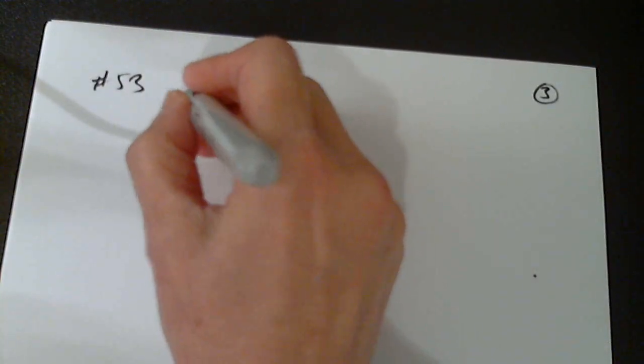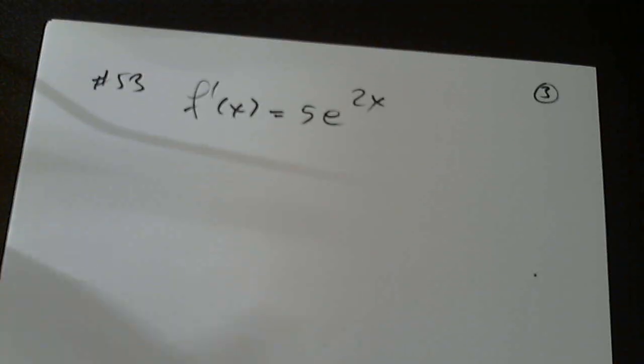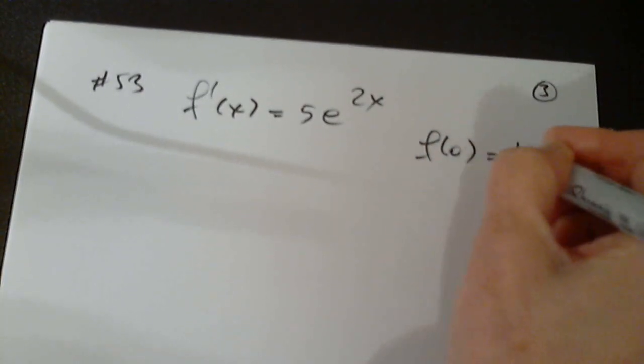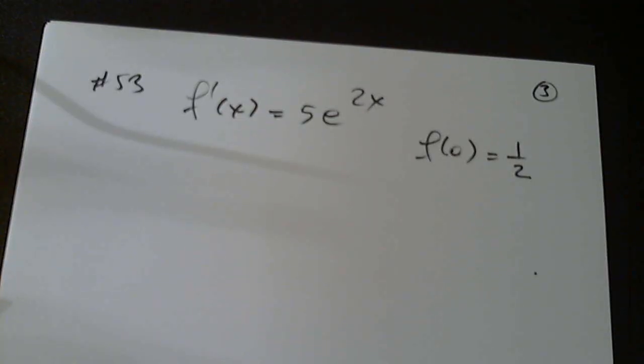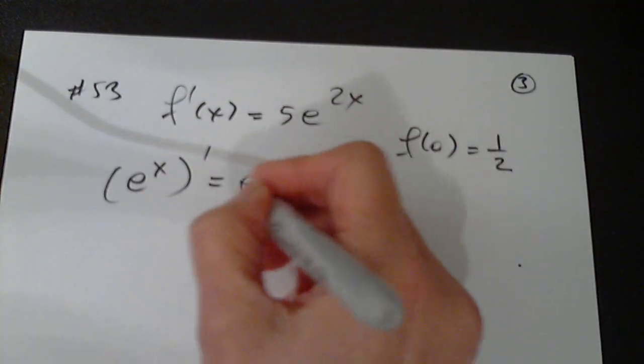This is page 3 and this is 53. This is a very important example, and you'll see in a minute why. F prime of x equals 5 e to 2x, and we are told that f of 0 is 1/2. So let me refresh your memory on something. When we differentiate e to the x, we get e to the x.